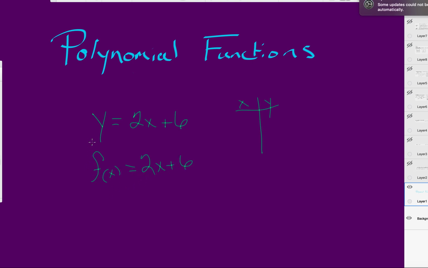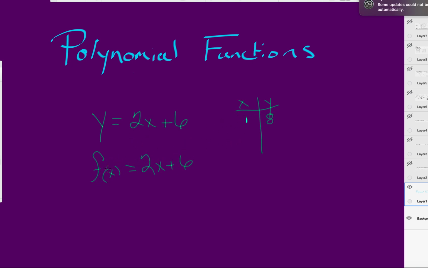We're doing the same thing with this. So basically, if I say, okay, well, I want to put in a 1 here, and so I put in a 1, I multiply by 2, 2 plus 6 is 8. So I get out an 8. It's like putting in 1 coin, you get out 8 marbles, etc. It's like a machine.